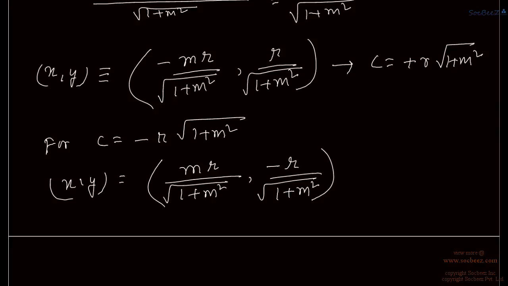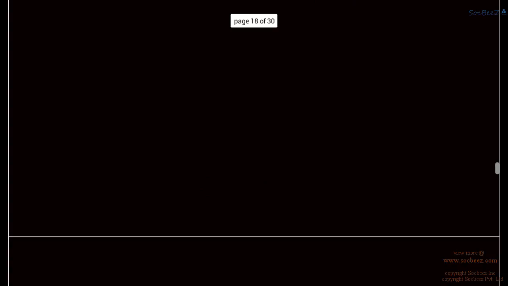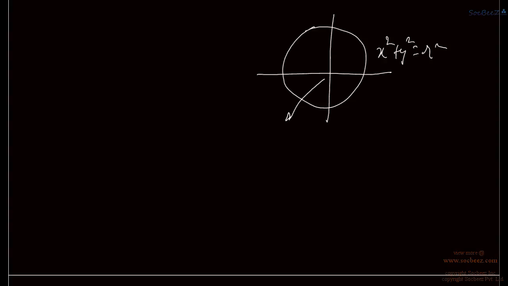So let us write the equation of tangent in parametric form. For a standard circle, that is x² + y² = r², this is the origin, x axis, y axis.